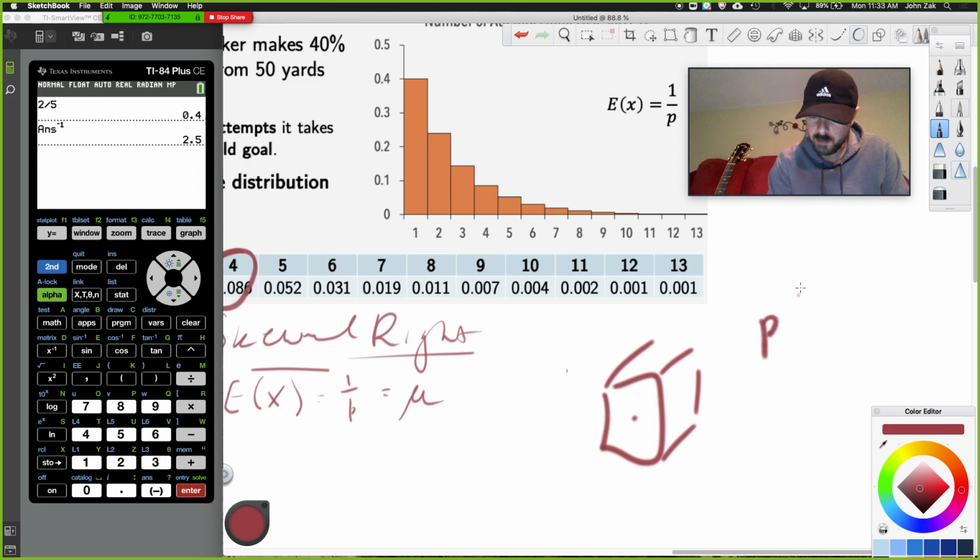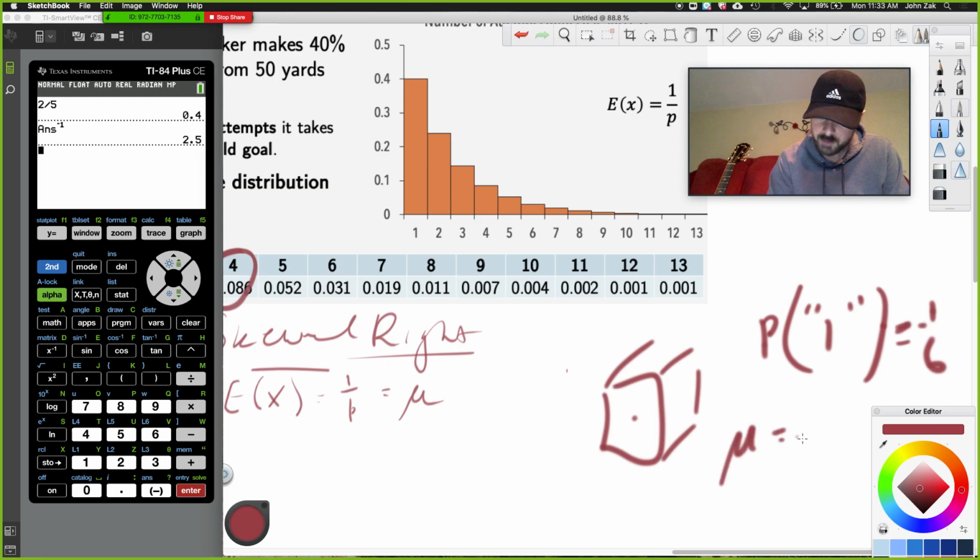Well, since the probability of rolling a 1 is 1 out of 6, then it should take you on average 6 times, the reciprocal of 1 out of 6. And that's kind of intuitive when probability is simply 1 over a number, that the average number of times it takes to have a success is just 1 over the probability.